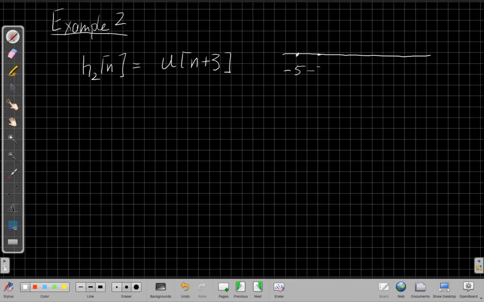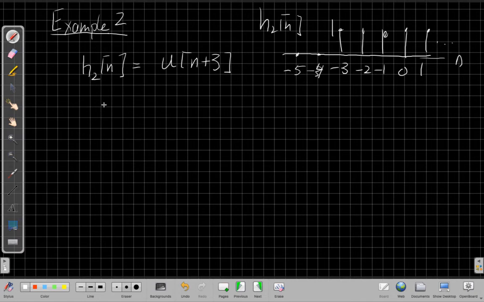So instead of starting at 0, this unit step turns on at -3, and then goes forever after that. So this is just equal to 1 for everything from -3 onwards to the right. Right, this is my h2 of n.